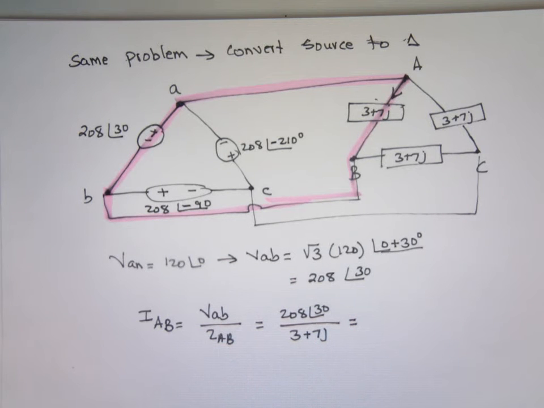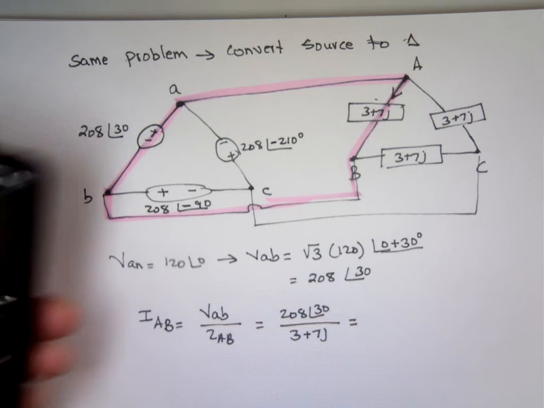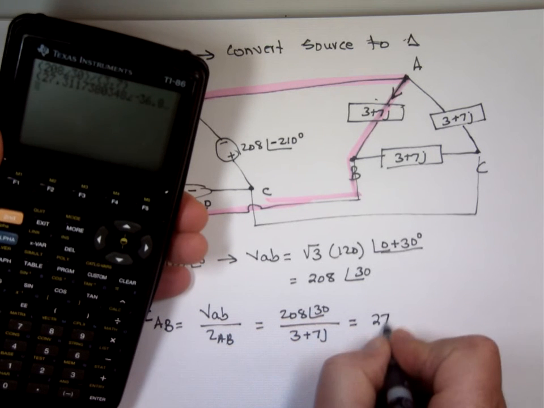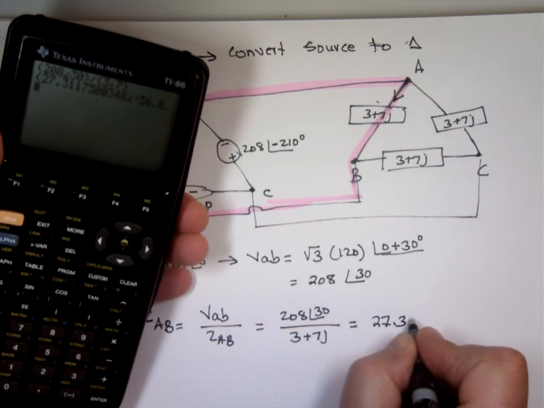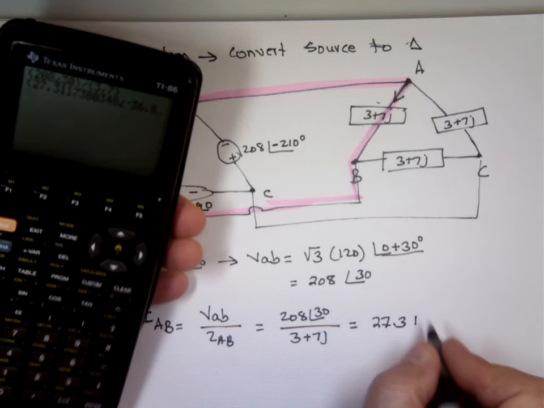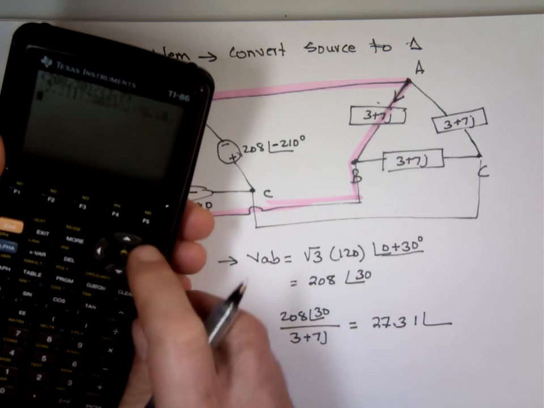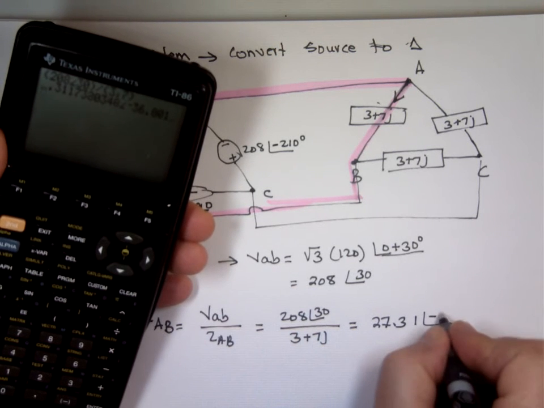So let's do the math. 208 angle 30 divided by 3 plus 7j. That's 27.31 angle negative 36.8 degrees.